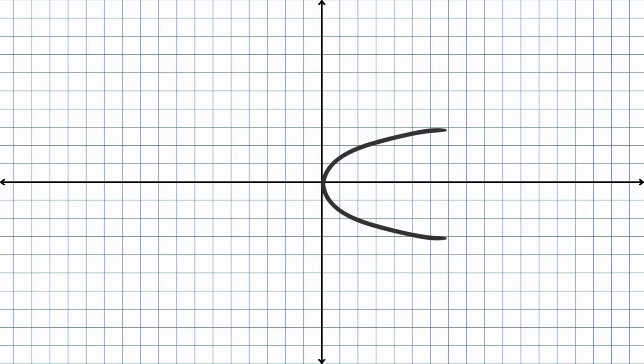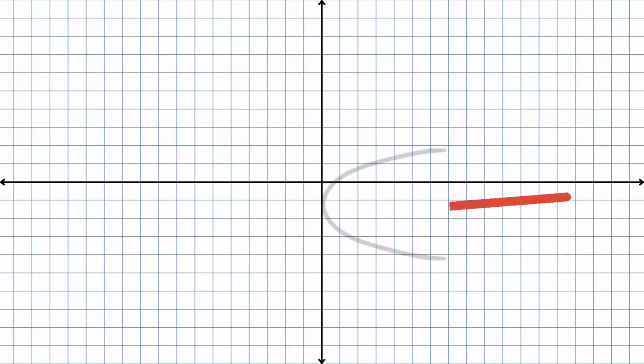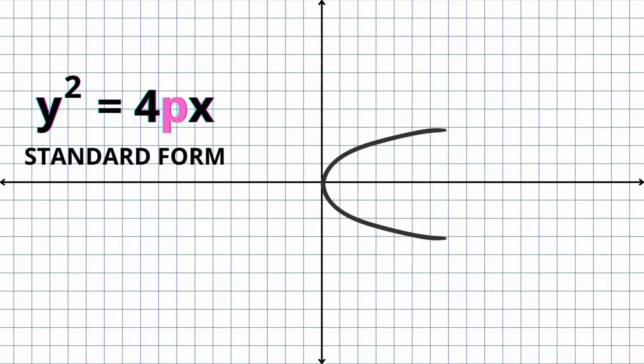A parabola that opens to the right or to the left is called a horizontal parabola. It also has a horizontal axis of symmetry. The standard form of a horizontal parabola is y squared equals 4px, where p is the focal length and it is positive when the parabola opens to the right, while negative if it opens to the left.